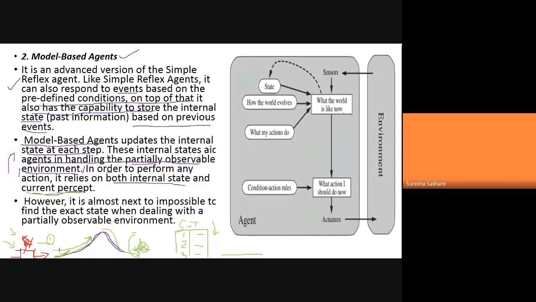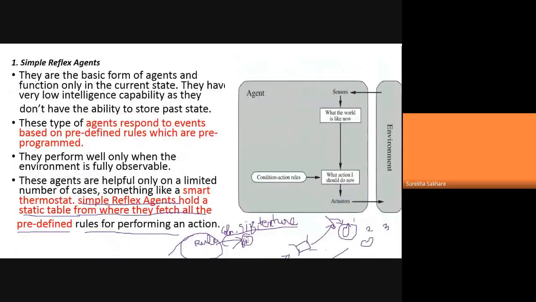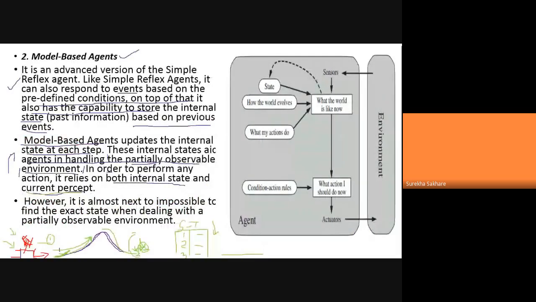So what is the world like? It has started sensing, and then it goes to a state. If it is a reflex agent, it will keep only to this much. But see, in the previous slide we saw what the world is now, the conditions, and what action I should take. Only these were done by the simple reflex agents. But now it has started thinking about what the world is now. In these states, three states have come into the picture. It is finding the state in the table.